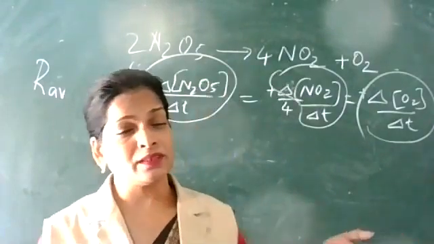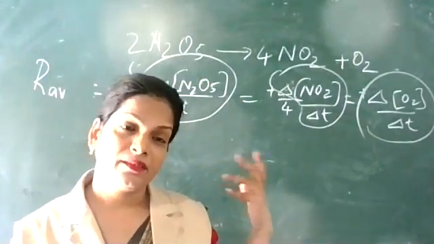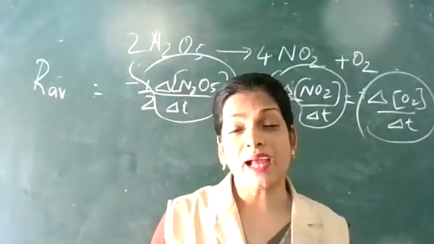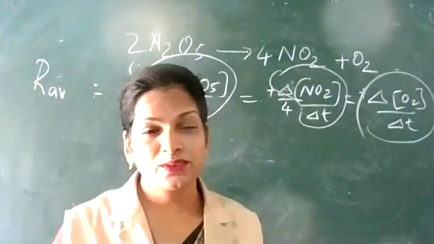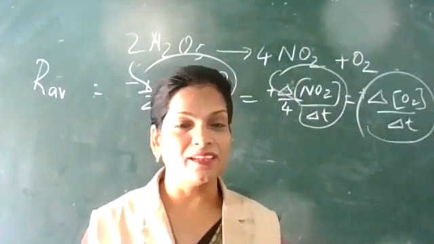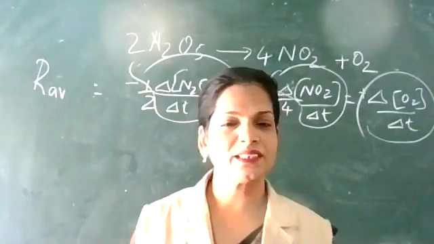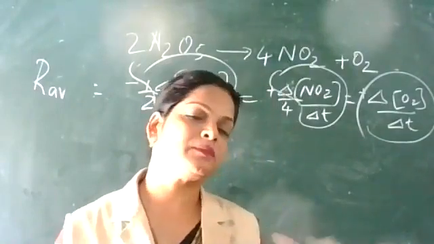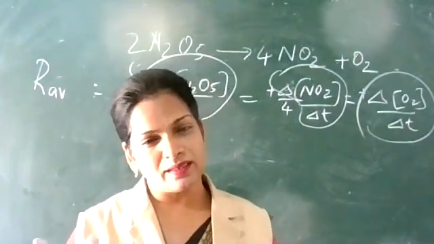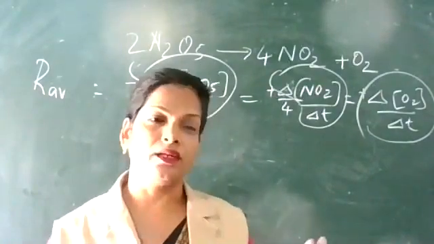Some other reactions take so many years to complete, like the change of diamond into carbon. It will take lakhs of years to complete. So such reactions we are also unable to study. We are able to study only those reactions that get completed within 3 hours, maximum 2 hours, or 1 day. In laboratory consideration, we think about 3 hours, 2 hours.